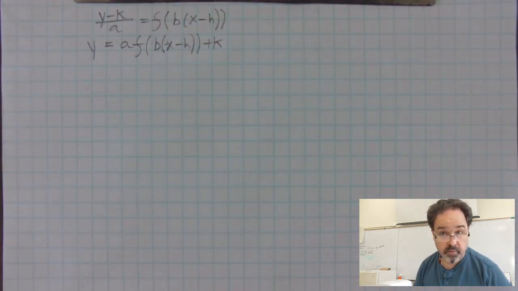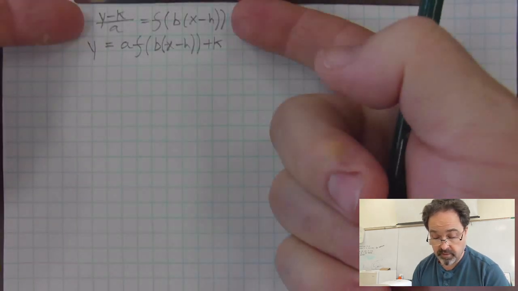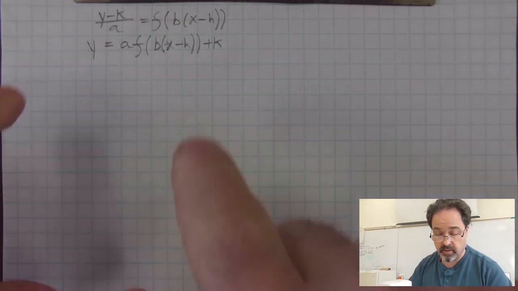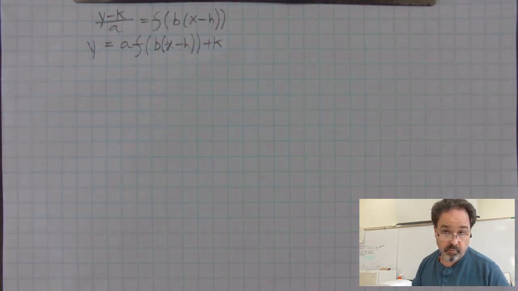These are equivalent equations, but the first one here has the advantage of being consistent when we describe the transformations and knowing which parameter affects which axis.